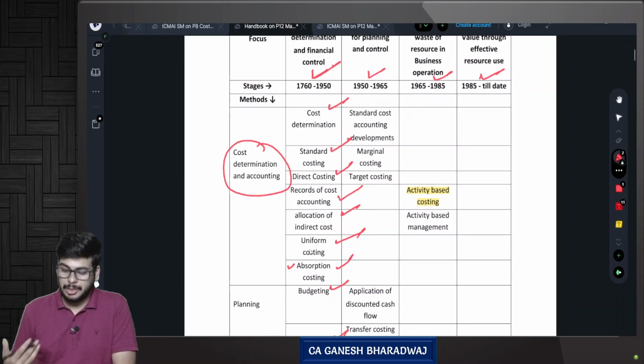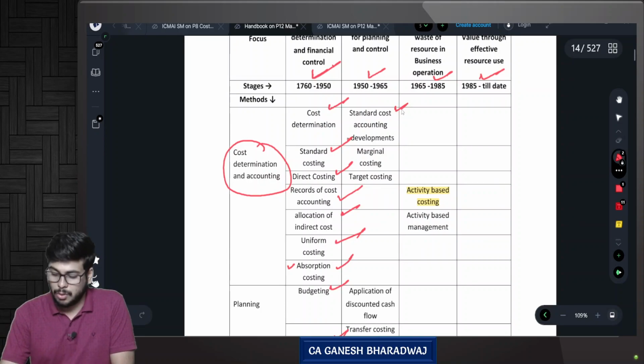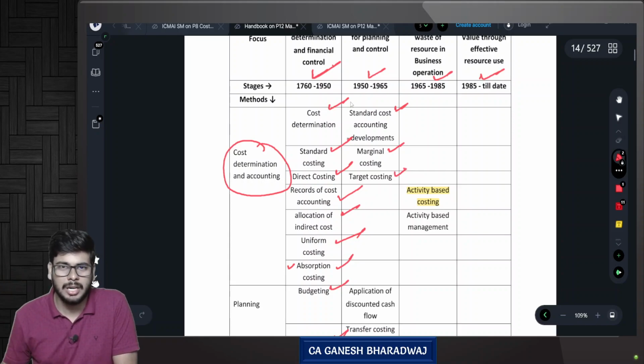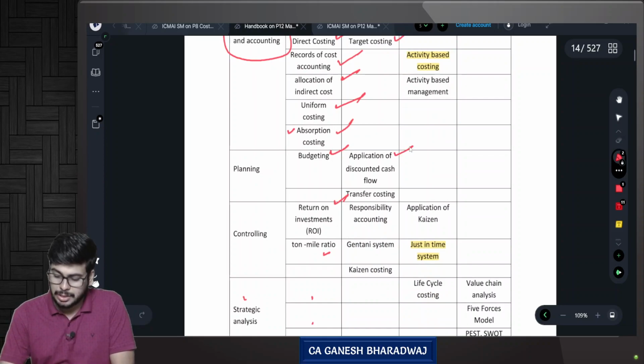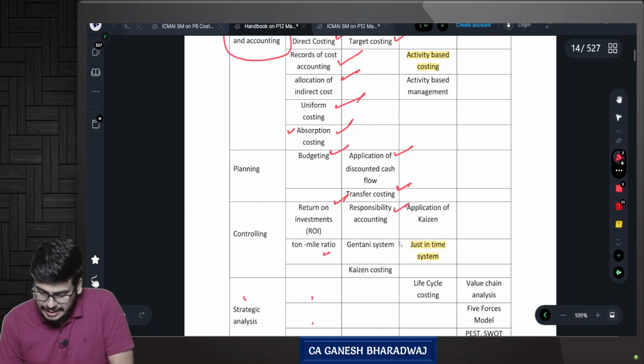They started coming up with certain developments, standard cost accounting developments. Look at this, marginal costing, target costing and all is there. Target costing is a subject matter we will study ideally in your CMA final. Application of discounted cash flow, transfer costing, basically your transfer pricing, we will be seeing it here. Responsibility accounting, then Gentani system, Kaizen costing.